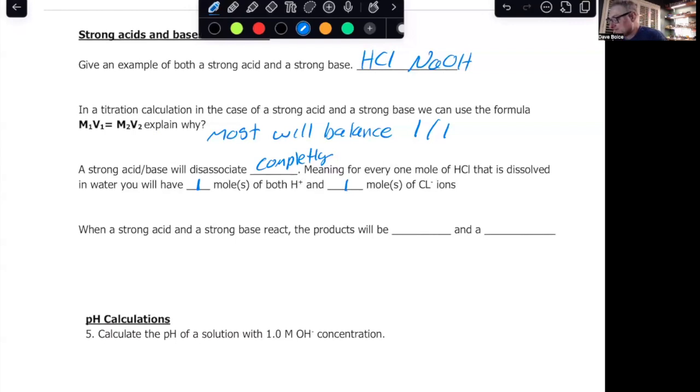Following the same logic, if I had 3 moles of HCl dissolved into water, I would have 3 moles of H+ and 3 moles of Cl- because it dissociates completely. When a strong acid and a strong base react together, the products will be a salt and water.